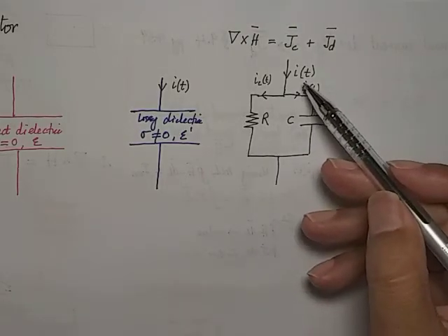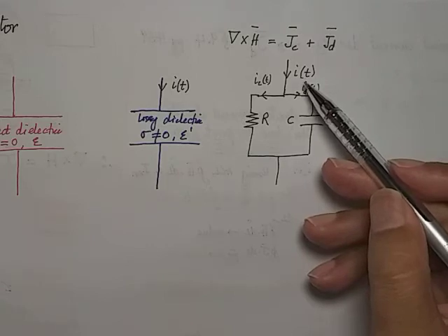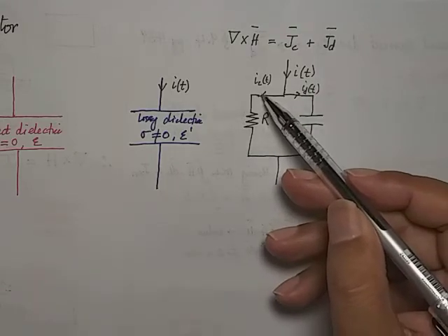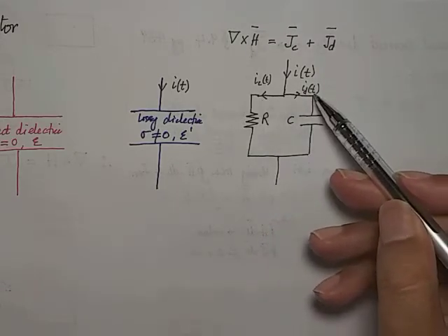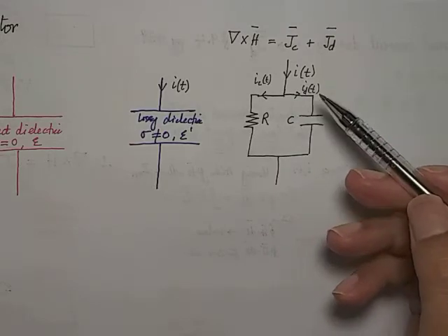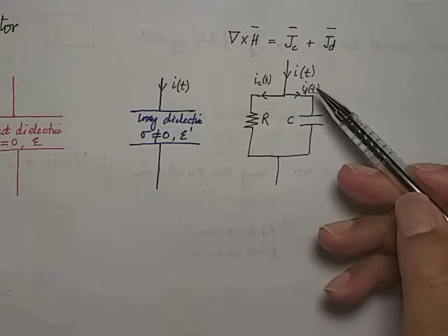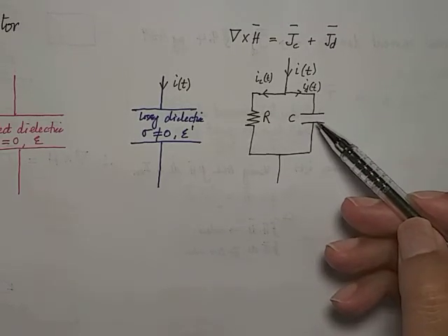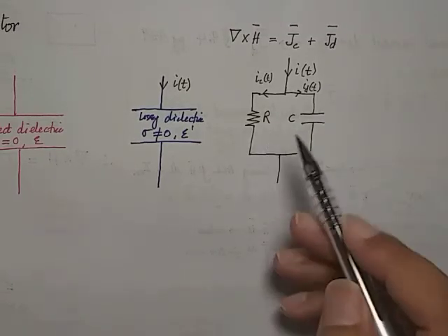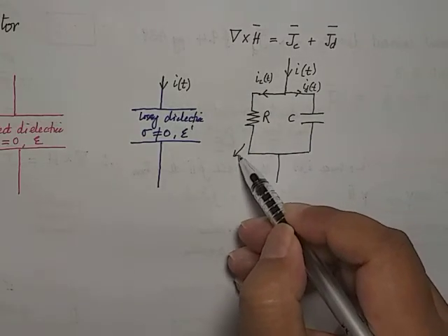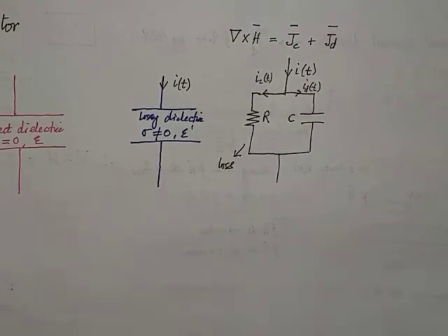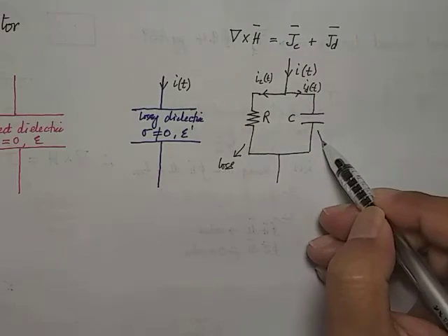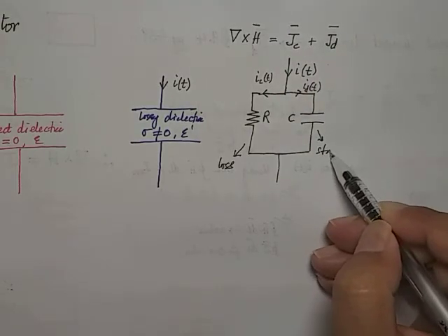The current is split into two, IC, conduction current, and ID, displacement current, and the components we associate with those currents are the resistor as well as the capacitor. The resistance is assumed to be the loss component, and the capacitor is known as stored energy.